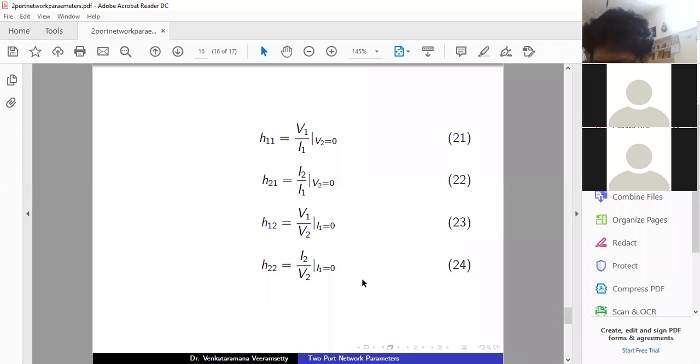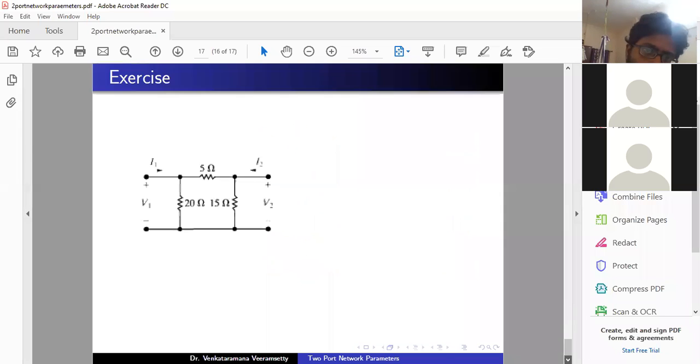Now, we will discuss one problem for the same circuit, and we are trying to calculate the hybrid parameters.